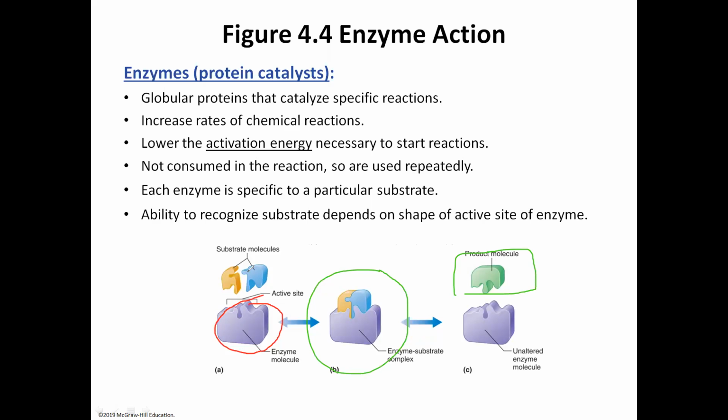Again, the enzyme is not truly used in the reaction. It just helps to speed it up. And the enzyme is very specific to that particular substrate. So it has the ability to recognize the substrate, recognize that shape, form that complex, and therefore make the product that is needed. So definitely make sure you know some characteristics about enzymes.